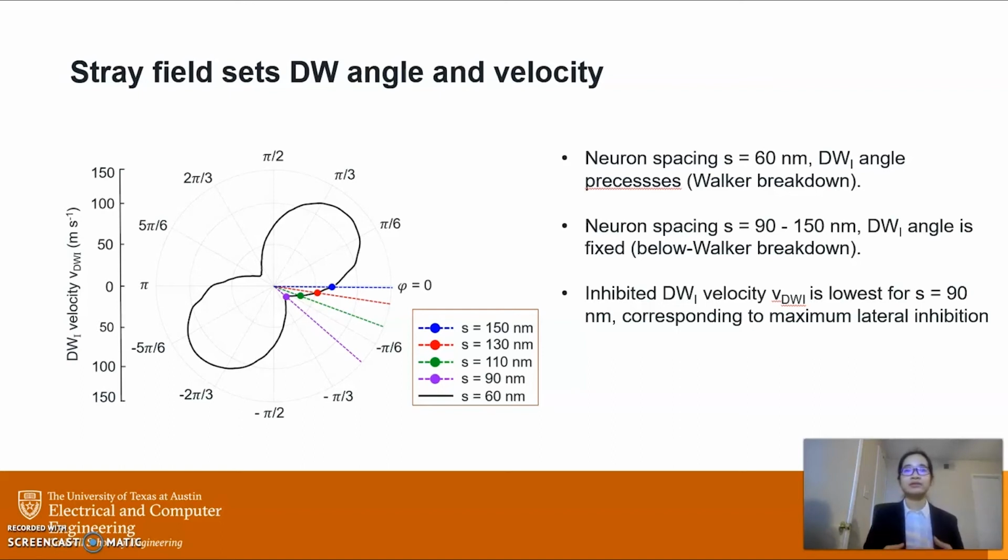However, when the spacing is larger, from 90 nanometer to 150 nanometer, the field is much weaker, so the domain wall is now below the Walker breakdown and has a fixed angle as it propagates. Specifically at a 90 nanometer neuron spacing, the domain wall has a minus 45 degrees angle, and this corresponds to the smallest domain wall velocity and therefore the largest lateral inhibition.